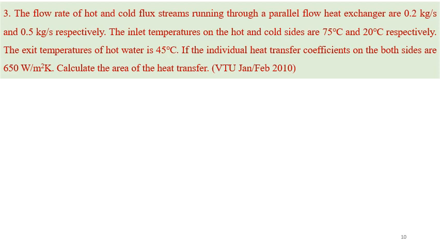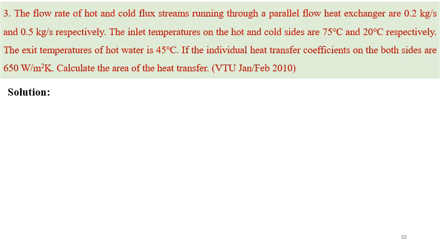The individual heat transfer coefficient on both sides, hot side as well as cold side, is equal to 650 watt per meter square Kelvin. So from this we can say both fluids are the same, that's why the cold fluid is also water. So we can calculate the area of heat transfer.